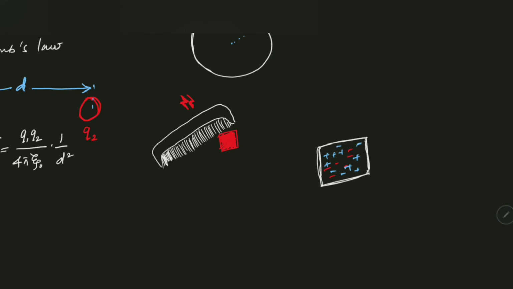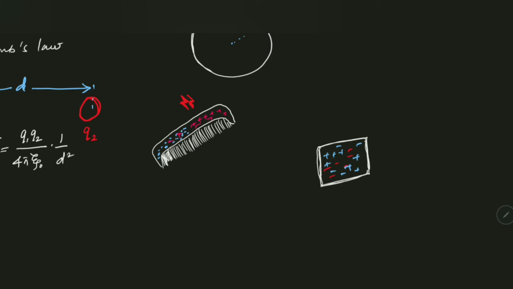So at the time when you rub this comb on a hard surface like woolen or your head, what happens is, before coming to that, this comb also has some charges in it, a few electrons present here and a few positive charges also present in this.